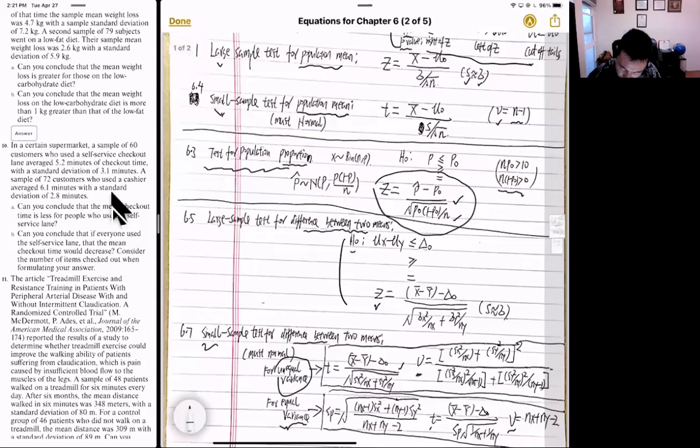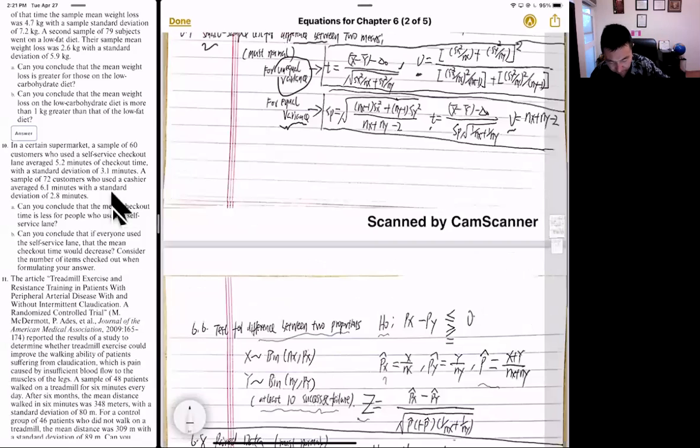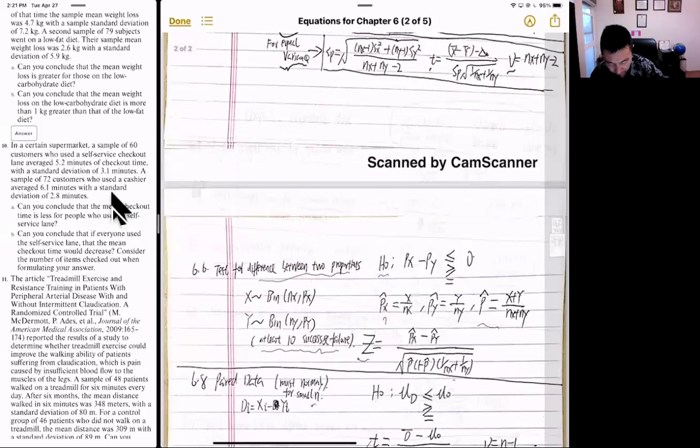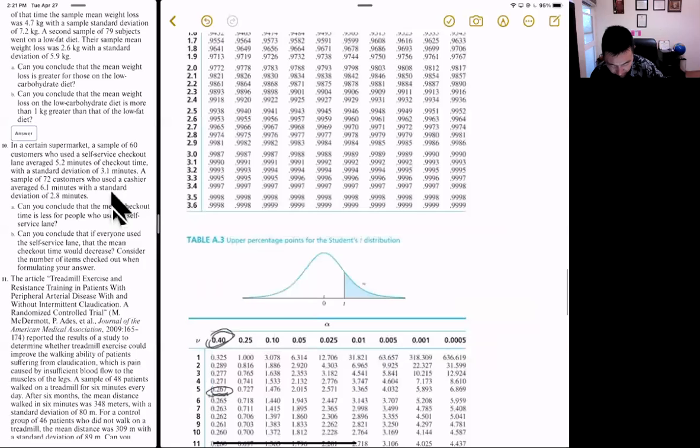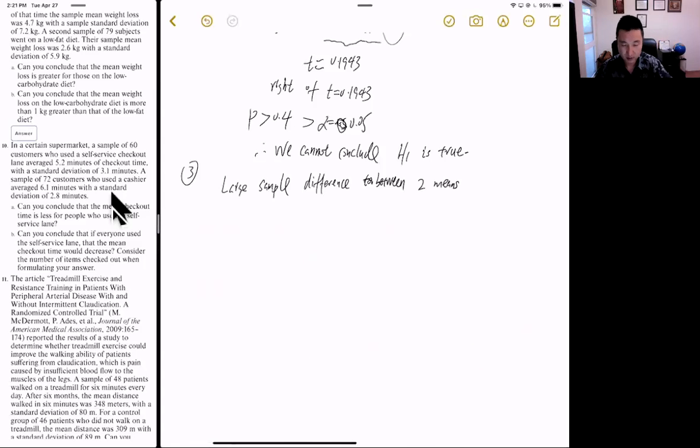So that's the equation. We calculate the Z-score. The Z-score equation is, let me copy this.